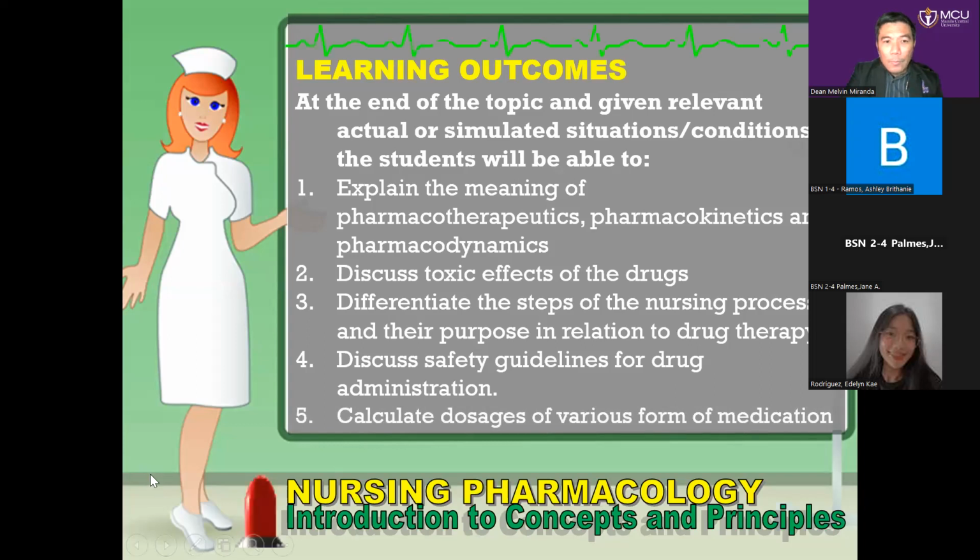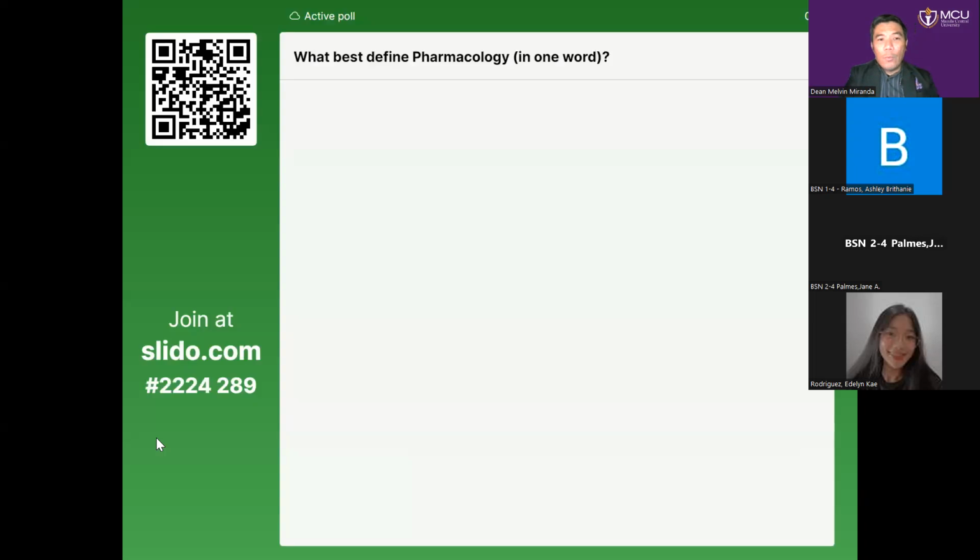Next, every time that we have our interactive sessions, I may always ask you what could be in your mind. What words or terms possibly best define pharmacology? Again, please visit slido.com with the code 2224289.